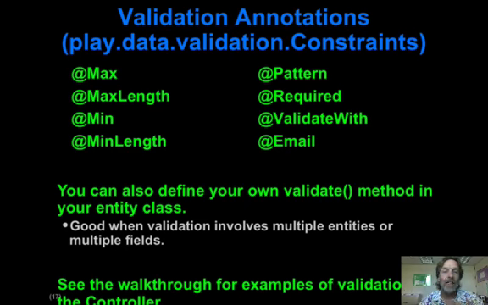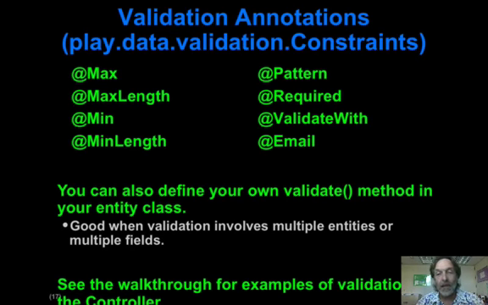Okay, so here are some of the validation annotations that come into play. You can look in the play.data.validation.constraints package for them. You can test, if it's an integer value, what the maximum value of that integer is. If it's a string value, what the maximum length of that string would be. Same for a minimum value, or minimum length of a string. You can have a regular expression pattern that you can test against. You can say, okay, this field has to be non-null. That's the required.